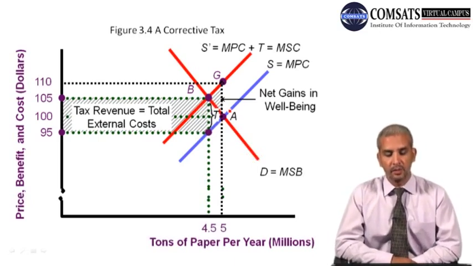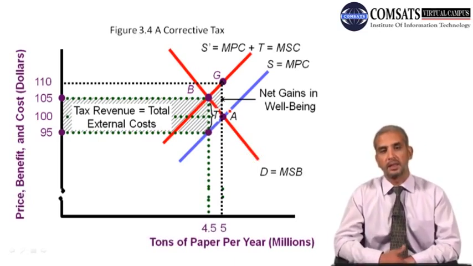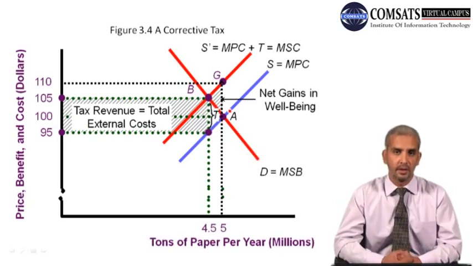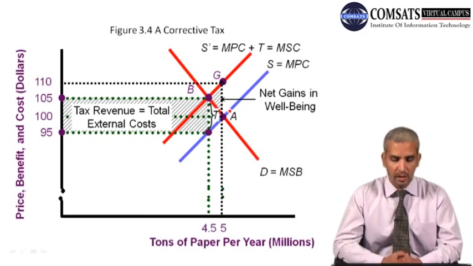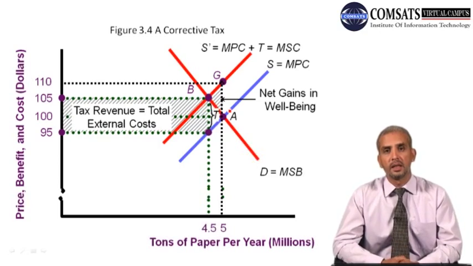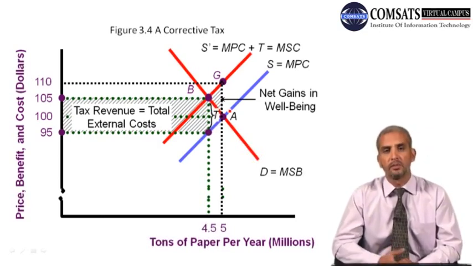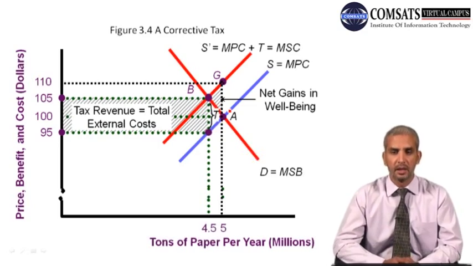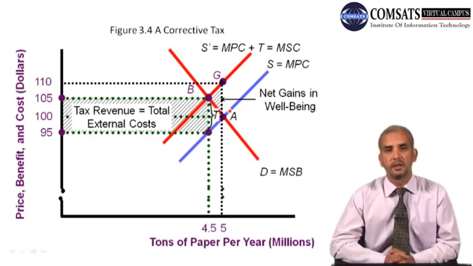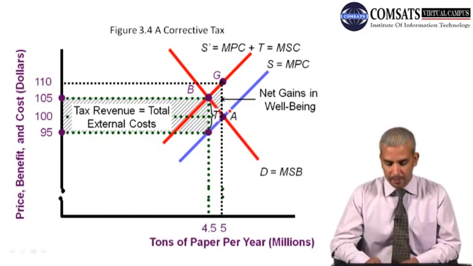This total tax revenue would go to the government, of course, and the government can utilize it, for example, to clean that lake, or to fund the construction of parks for the excursions, and to benefit the affectees in some way.